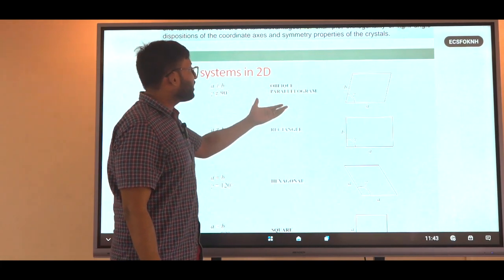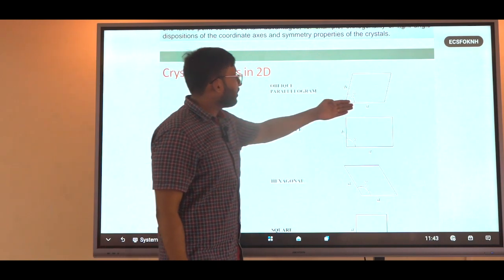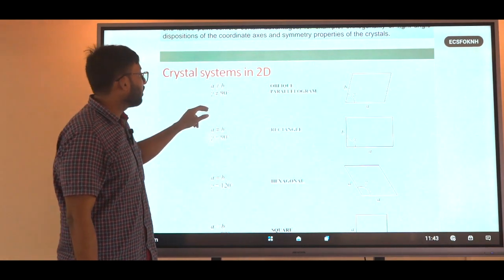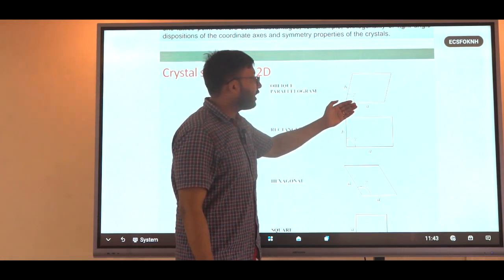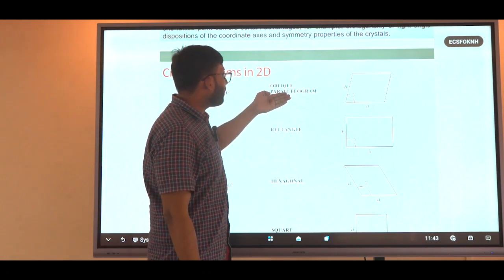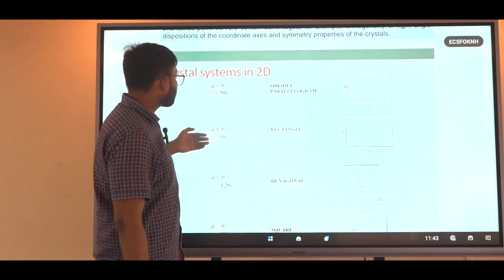How is it unique? The A vector and the B vector will never be equal, and the angle between them will not be 90 degrees. If this criteria is satisfied, then we'll call it an oblique parallelogram.